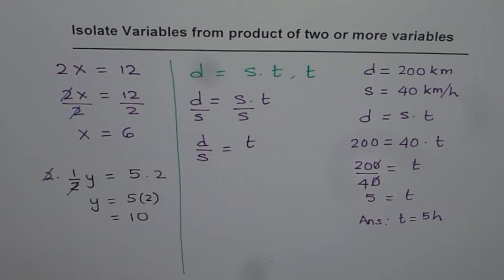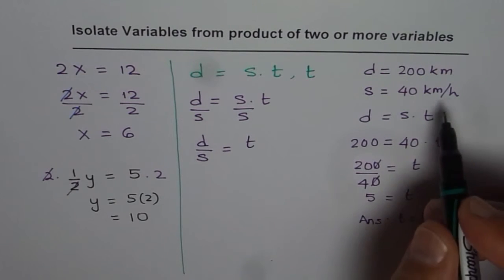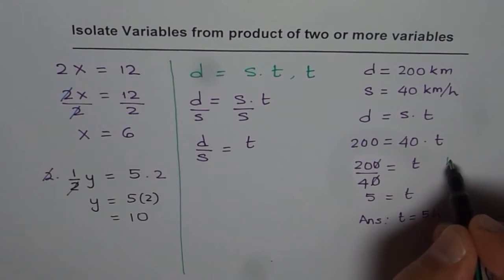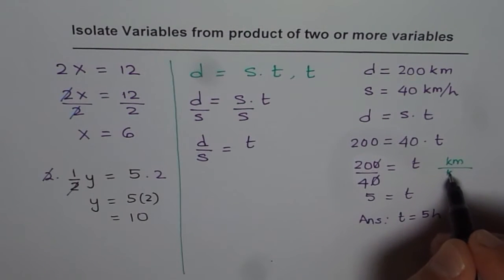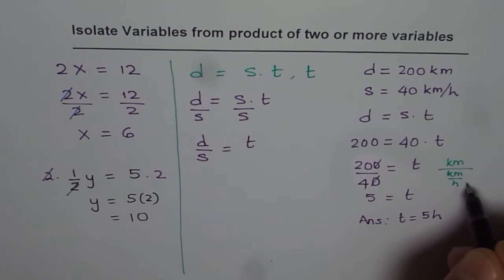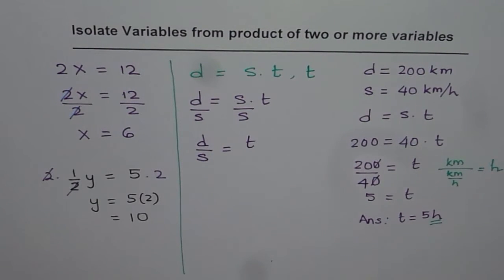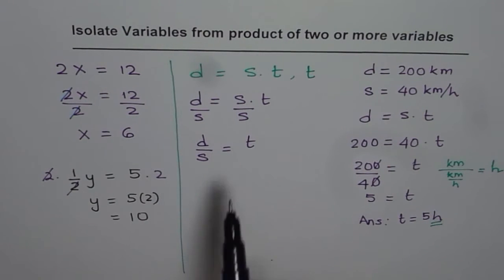Let me show you the units also. 200 was distance in kilometers, right? That was kilometers divided by speed, which was kilometers over hour, right? So kilometers get cancelled and we get units as hours. So units also match. Well, that is how we can find the formula in terms of another variable.